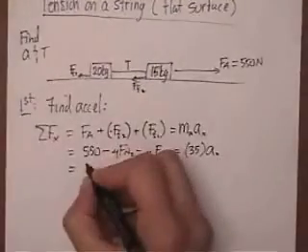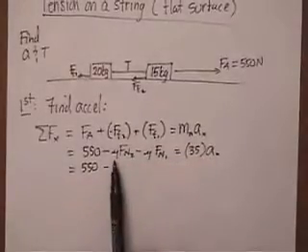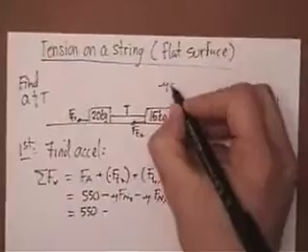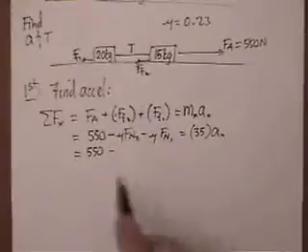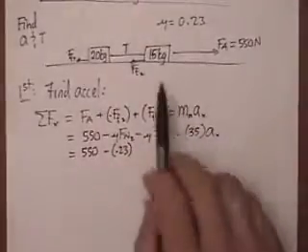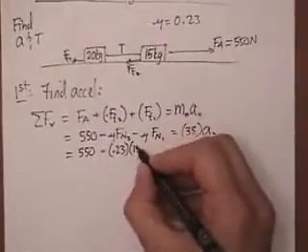Now, 550 minus, well, I guess I should have told you what the coefficient of friction was. Let's go back and put that up. That will be 0.23. Okay, so there it is. Now I can go back and put this in. 0.23. My normal force for 2 here is going to be 150.